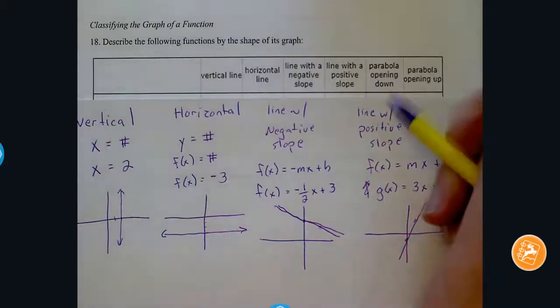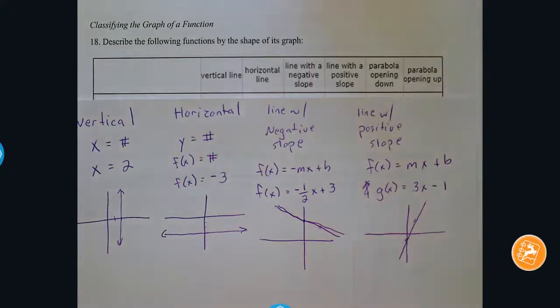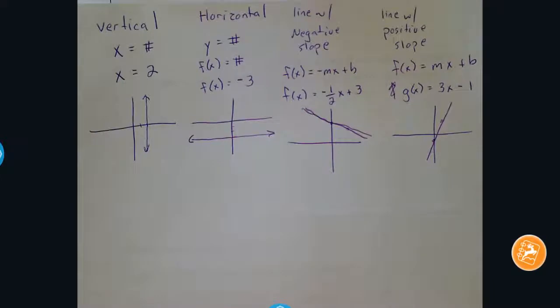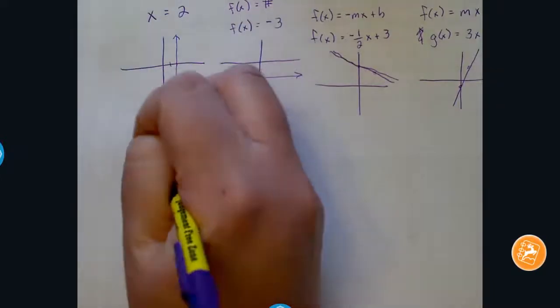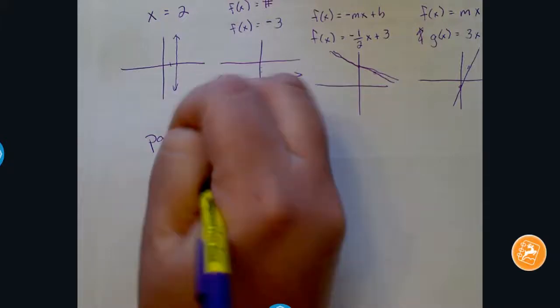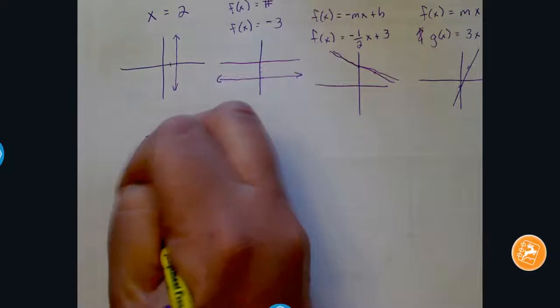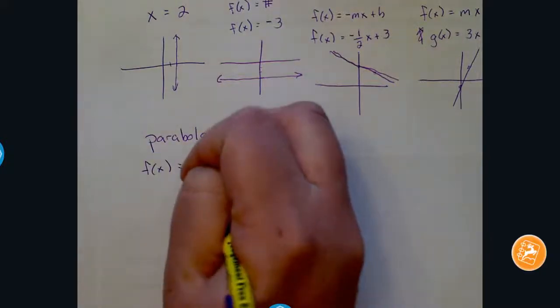Our new things are parabola opening down and a parabola opening up. What makes a parabola? That's going to be a quadratic, an x squared. So a parabola is from a quadratic. We are looking at something like f of x equals x squared.